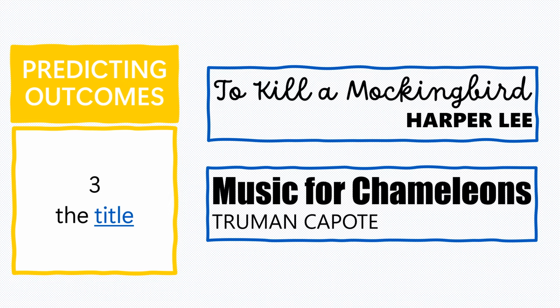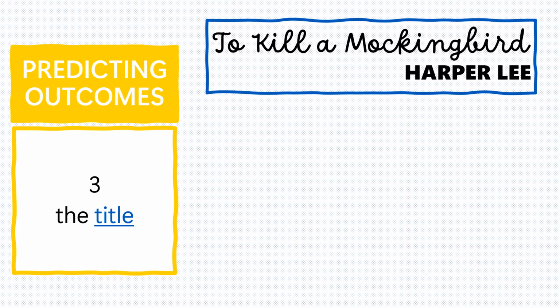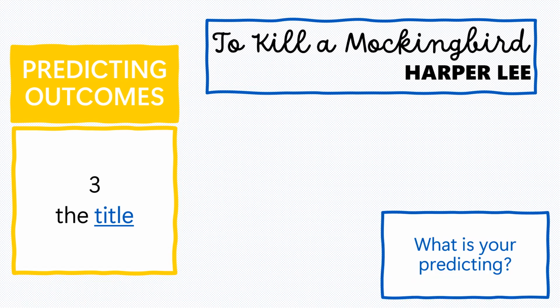This predicting outcomes about the title is contrasting two titles. First one, To Kill a Mockingbird by Harper Lee, a novel. And the second one is Music for Chameleons by Truman Capote. Let's see To Kill a Mockingbird.